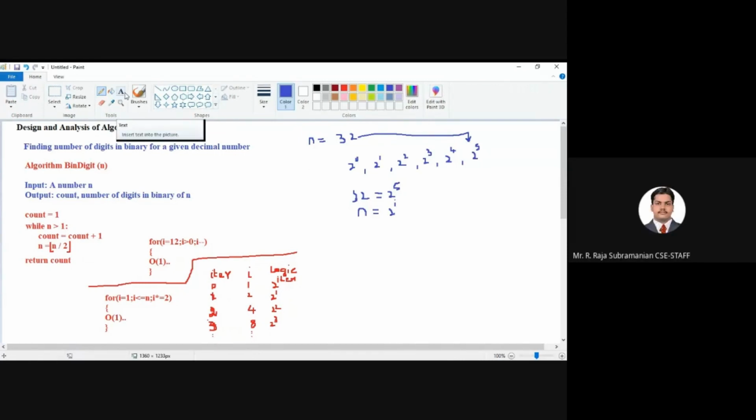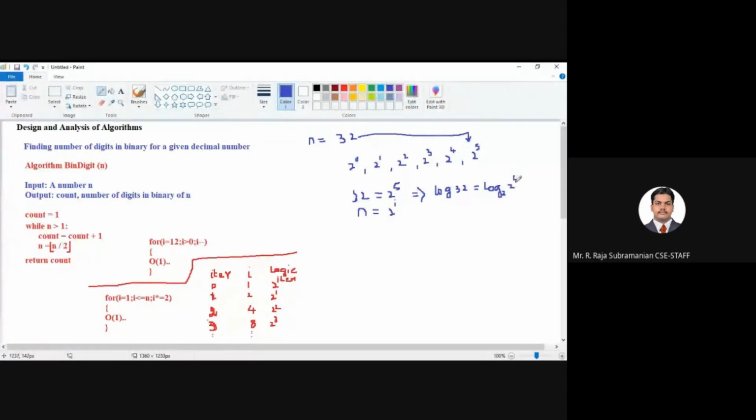Now going for the final answer, I'll take log on both sides. Log of 32: 32 is equivalent to 2 power 5, and I take log to the base 2. So log base 2 of 2 power 5.